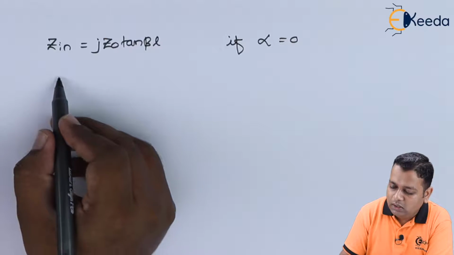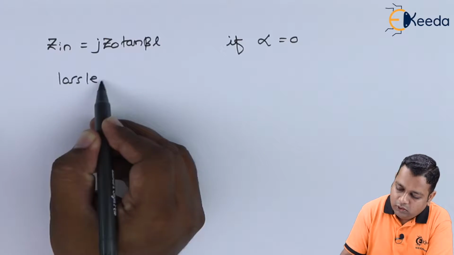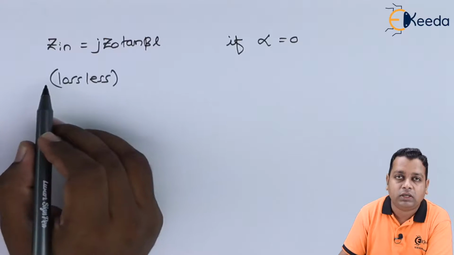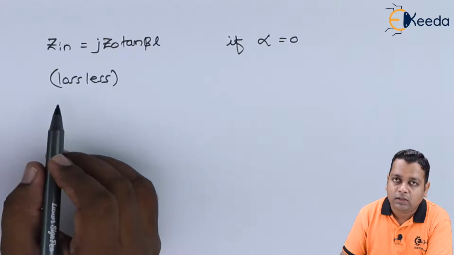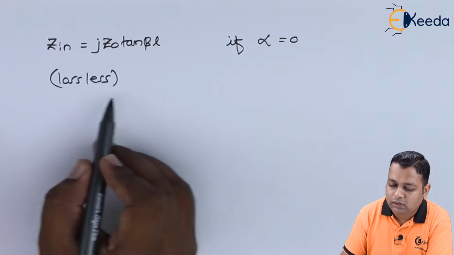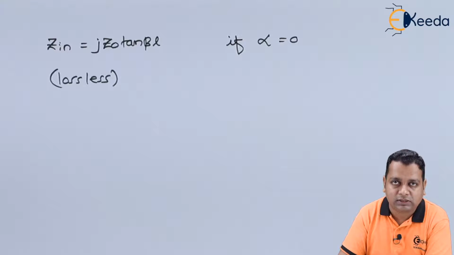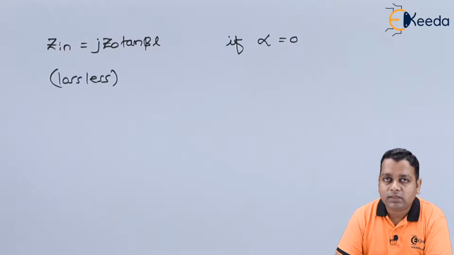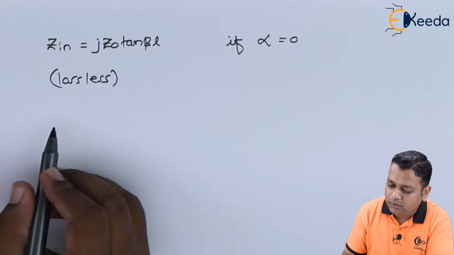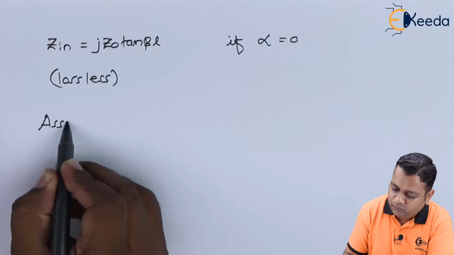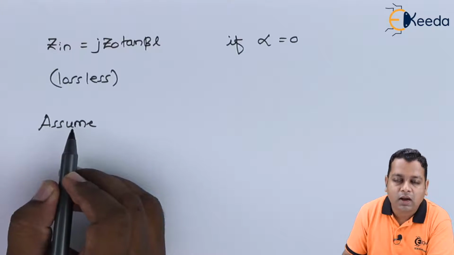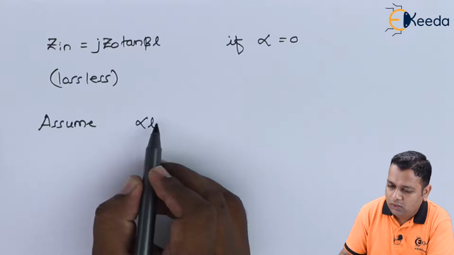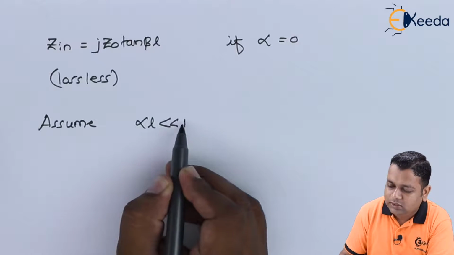This can be treated as the lossless condition for the given transmission line section. But further we shall be analyzing the general case of the transmission line section. So for the generalized case, we shall make one assumption: we assume that alpha L is very much less than 1.